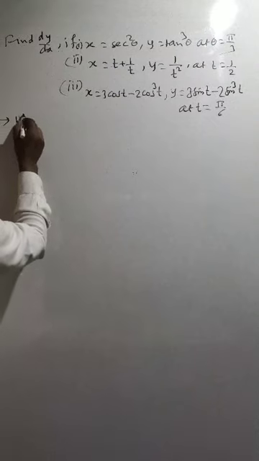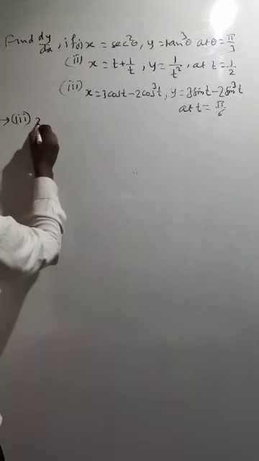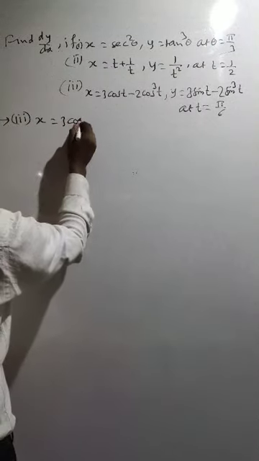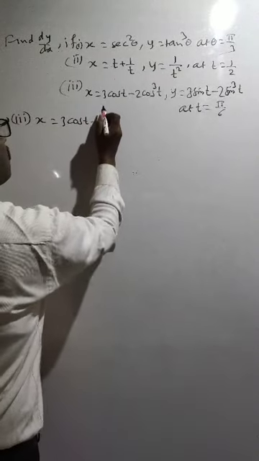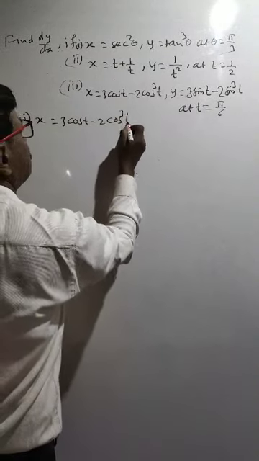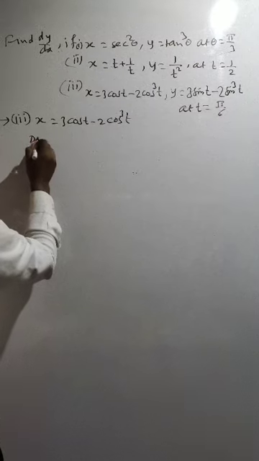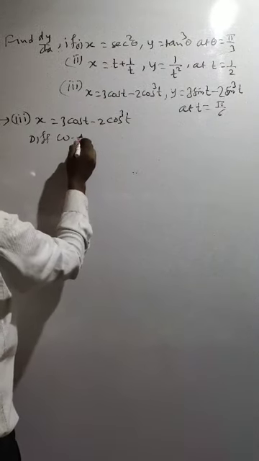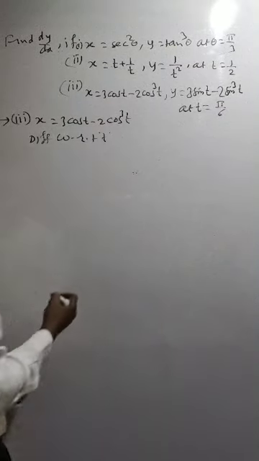Example 3. x equal to 3 cos t minus 2 cos cube t. Differentiate with respect to t.